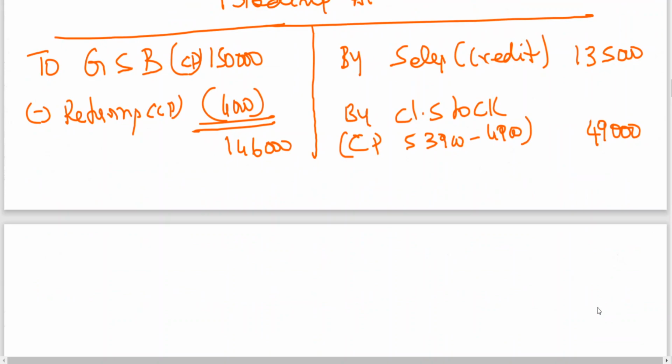So 1,35,000 plus 49,000, you're getting 1,84,000.